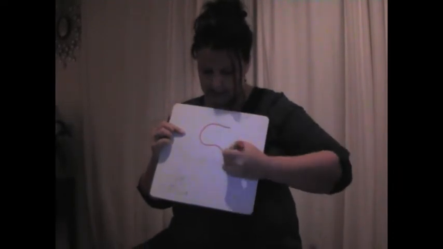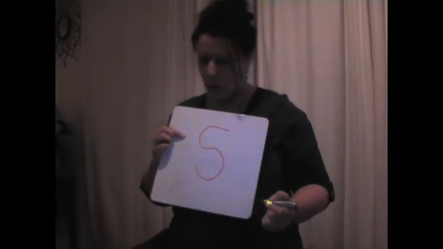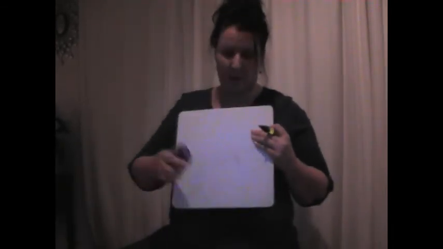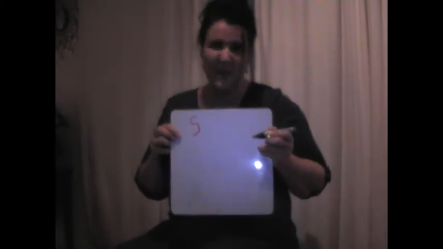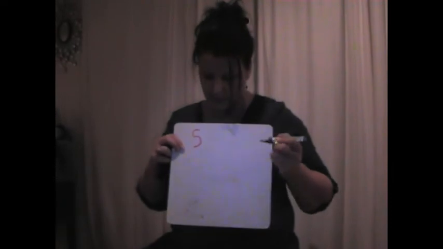Finger underneath. So we're going to go slither down the snake. And quick as a flash, we rub it off for the next one. Or do it small so you can fit it all in. Slither down the snake. And see how many you can do before the next one comes up.